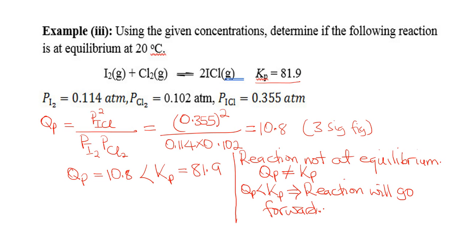So you can have another question where the Qp will be greater than Kp. In that case, the reaction will go backward. So here, when we say forward, we mean to the right.